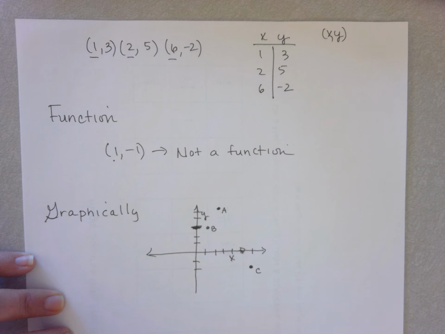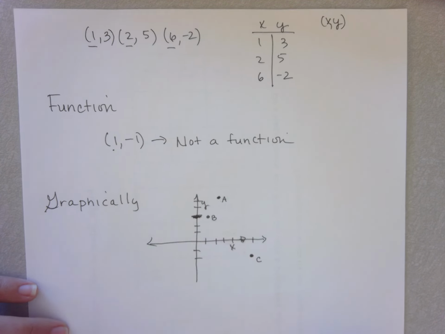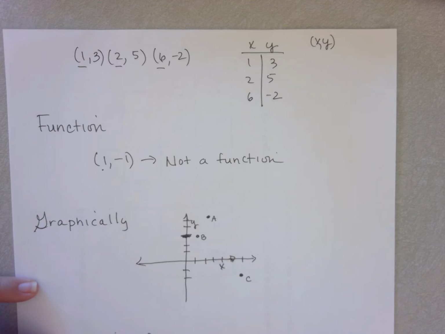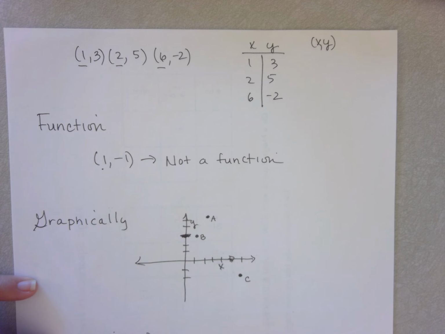Now, one way that I can quickly tell if something is a function or not is to look at vertical lines. If something were to have the same x value and it matched up to more than one y value, then I would have 2 points on the same sort of invisible vertical line.